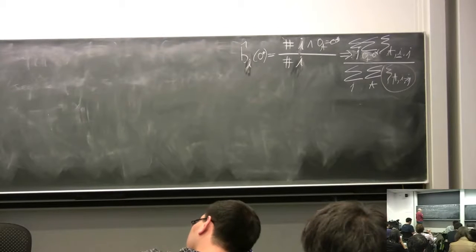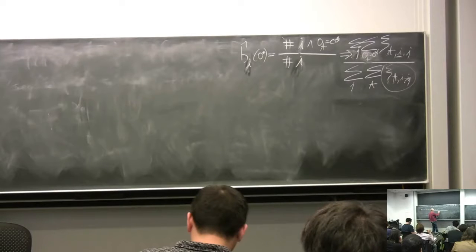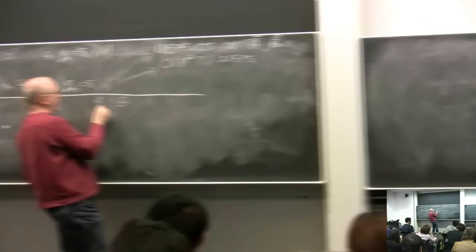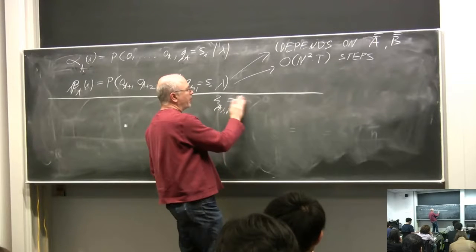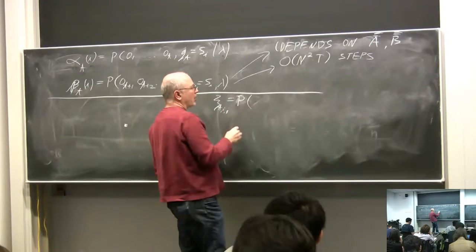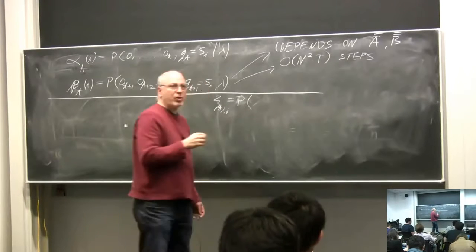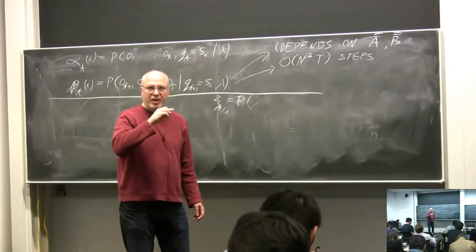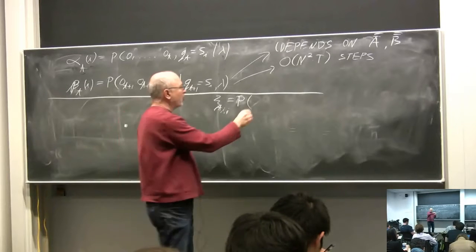I want to calculate the following. Psi t I j is equal to the probability that at time t we transition from state I to state j. So at time t we're in state I, and at time t plus 1 we're in state j.